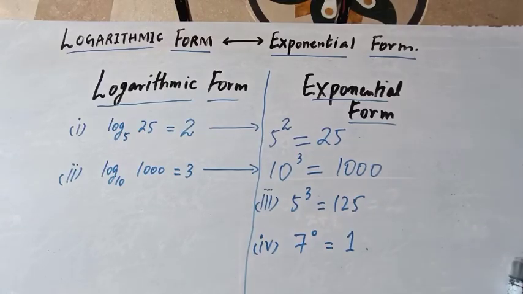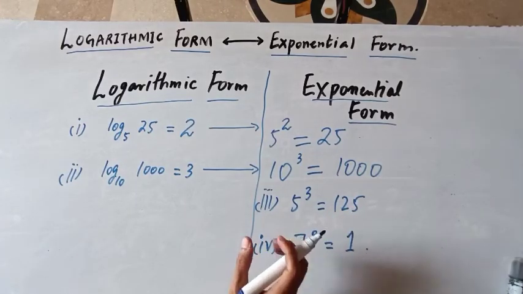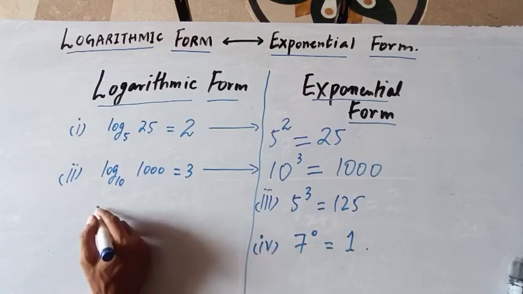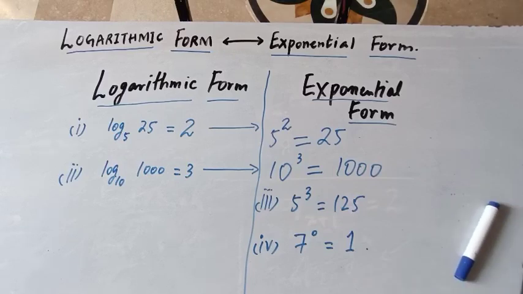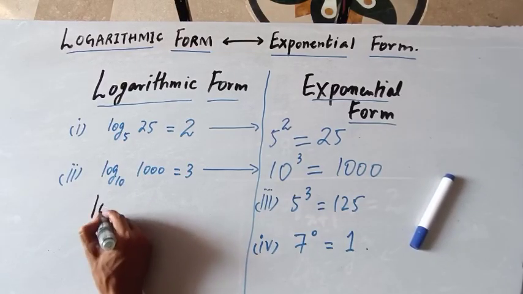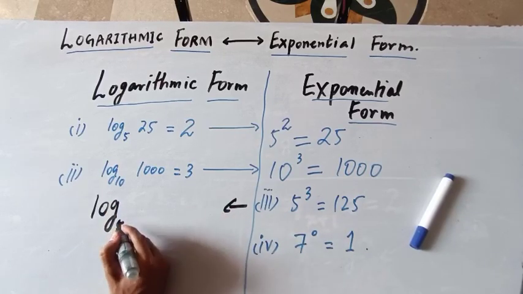So very similar questions, you already know about it. Now what about this? It is exponential form. So how can I write it into logarithmic form? First of all I need to understand what the base of it is. The base of it is 5. So we can write log base 5.